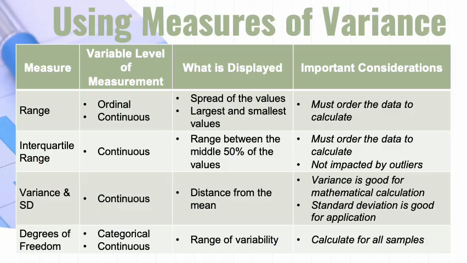The degrees of freedom are telling us the range of variability within our sample, and the degrees of freedom for a sample is always equal to the sample size minus 1. Degrees of freedom are very important to helping us determine appropriate statistical tests and therefore should be calculated for all samples.